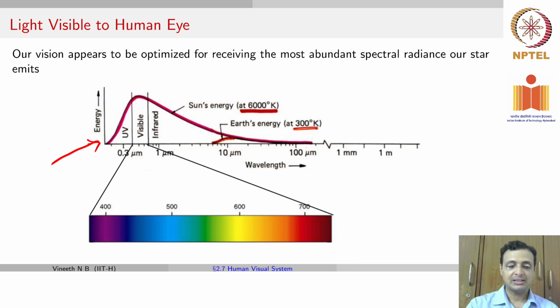You can see that the sun's energy peaks in the visible spectrum and then falls off over the rest of the electromagnetic radiation. And so that is potentially a reason for why our eyes seem to have got used to that spectrum as the most useful spectrum from a vision perspective.